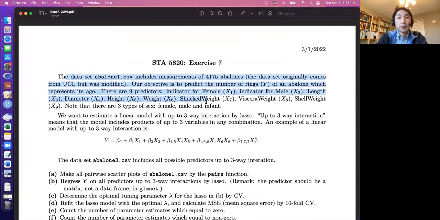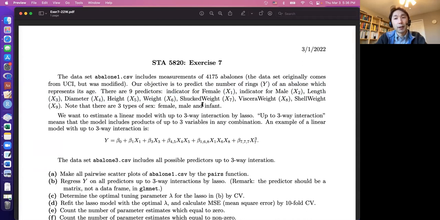This data set includes 4,475 observations. I have already excluded some outliers. Our objective is to predict the number of rings, which is about the age of those abalones. There are 8 predictors. For gender, we have 3 categories: female, male, and infant, the unidentified.